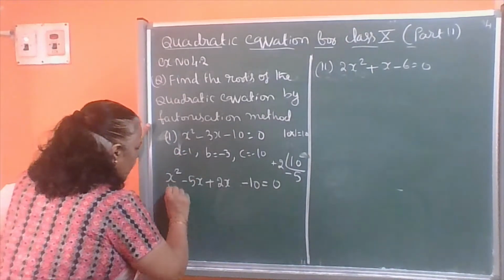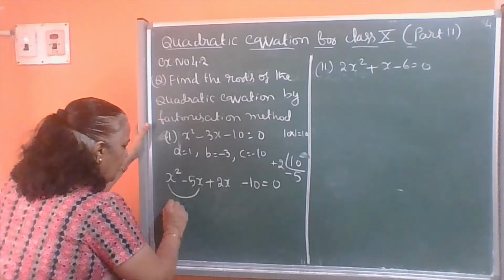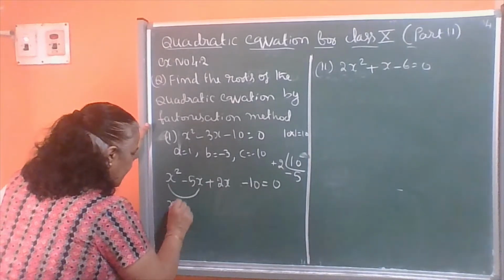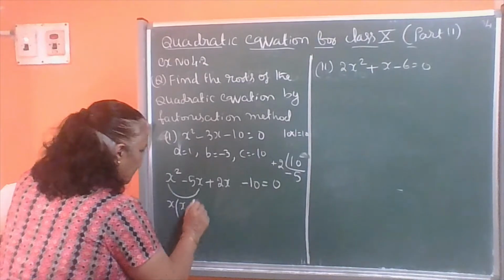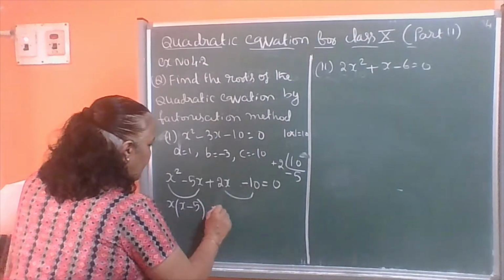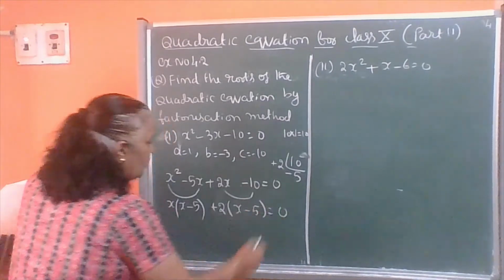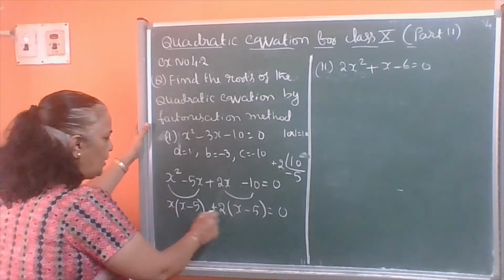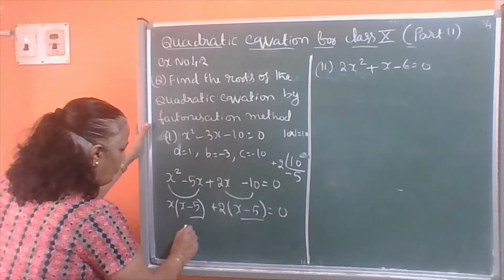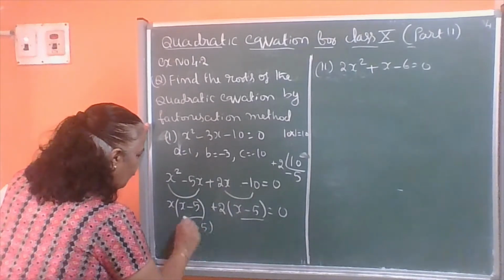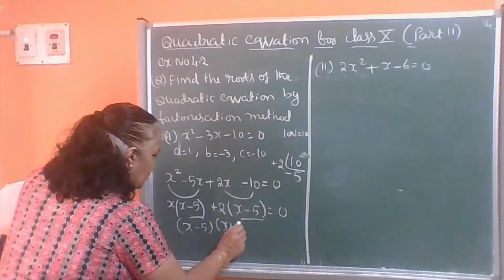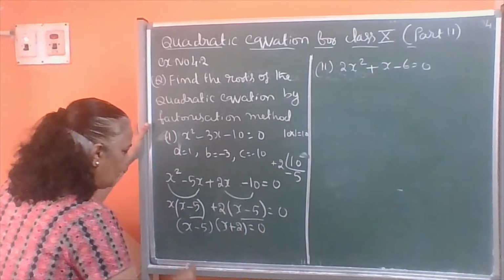Now what happened? Here you find the common factor, it is x, giving x into x minus 5. Here you find the common factor, it is minus 5, plus 2 into x minus 5 is equal to 0. Now here x minus 5 again is the common factor: x minus 5 into x plus 2 is equal to 0.